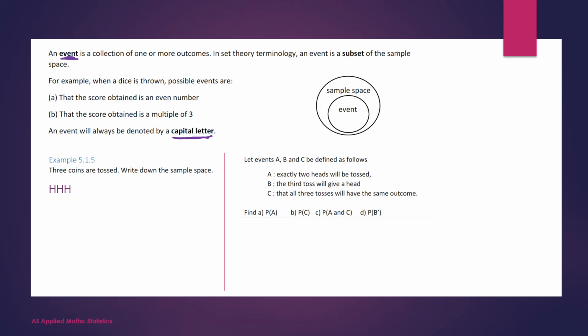So I've got 3 heads. That's getting 2 heads. Notice how I've got 3 different ways of getting 2 heads, and it's important that you consider all 3 ways. There are more chances of getting 2 heads when I toss a coin 3 times. That's getting 2 tails, and then I have got 3 tails.